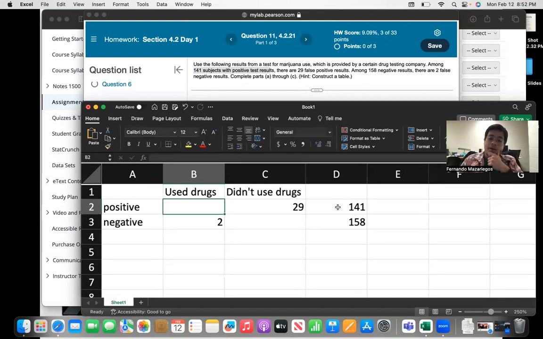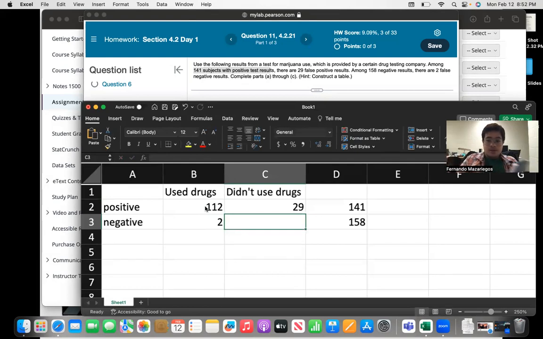Well, I know we have 141 total and 29 didn't use drugs. So if I subtract that, I can find how many did use drugs, which is 112. And by the same logic, if I know that I have 158 negative test results and 2 of those used drugs, the rest didn't use drugs. So we were able to construct our table.